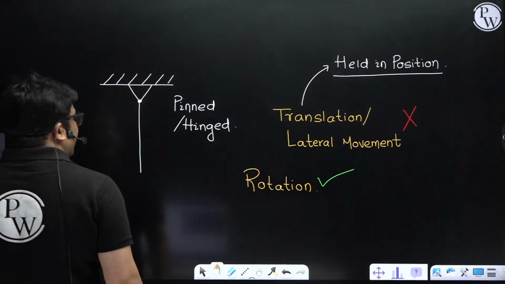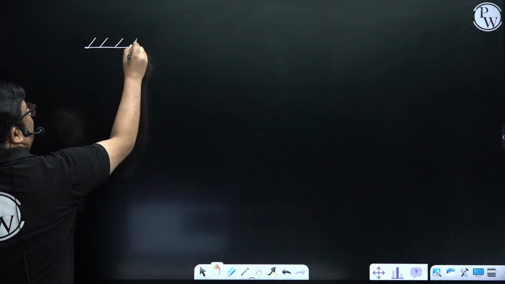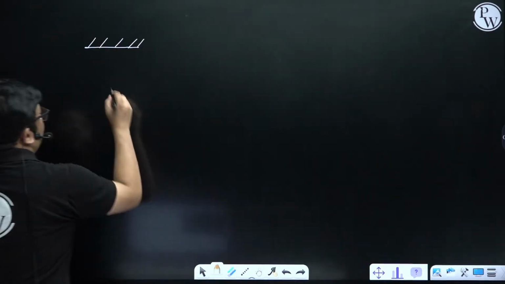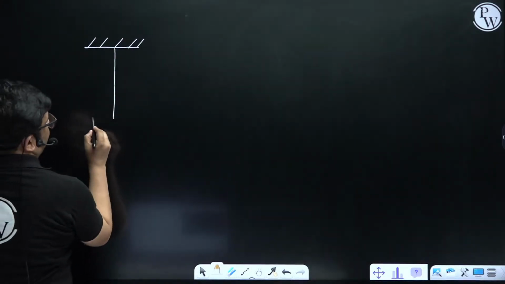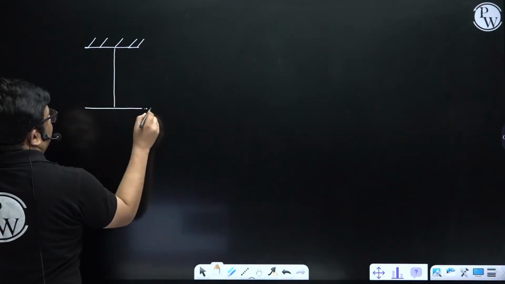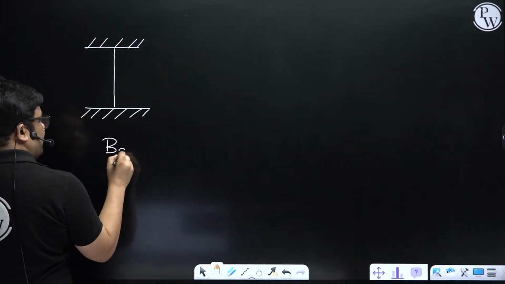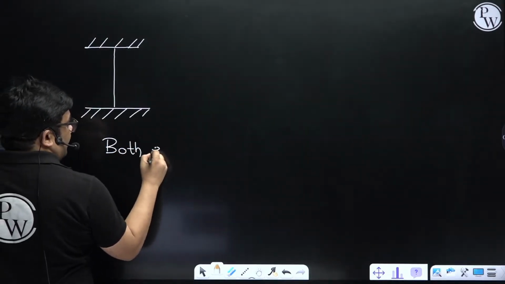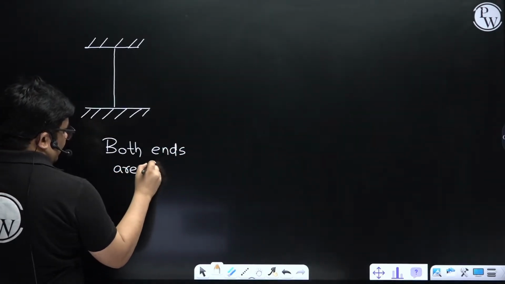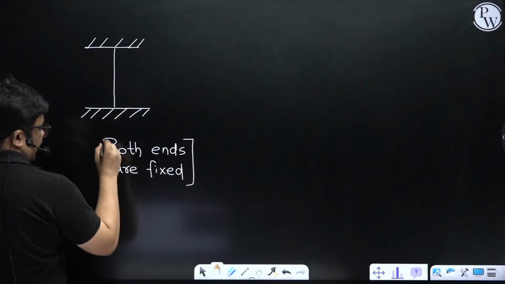So let us go to the different cases. The first type of column is where both ends are fixed. But in the examination, they don't write it as simply as both ends are fixed.